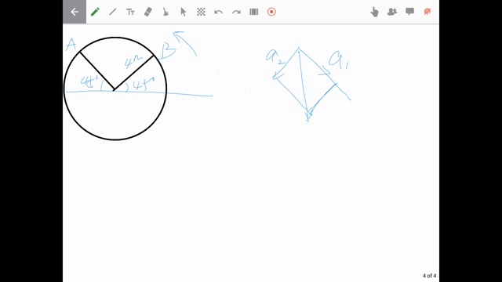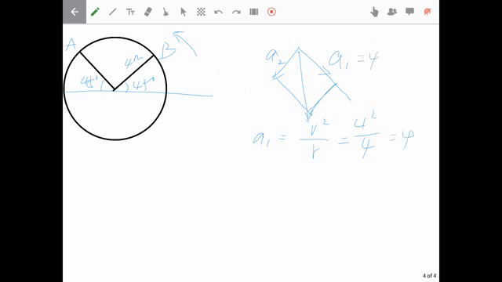Okay. So A1 here, they have a speed of 4. So A1 equals v squared over R, right? So it's 4 squared over 4, because the radius is still 4. That equals 4. So A1 equals 4.